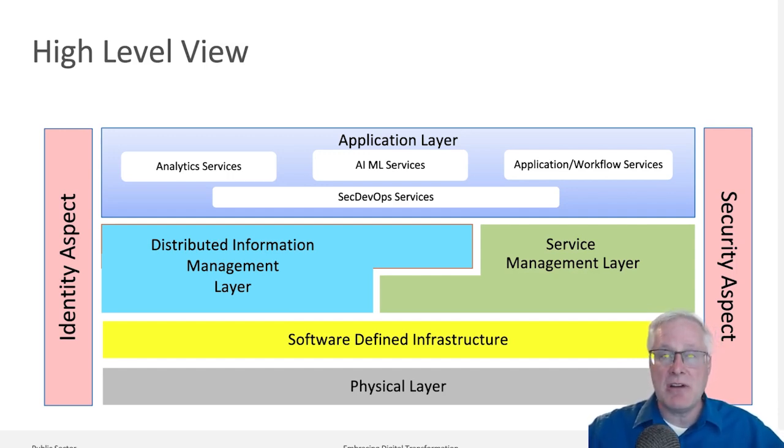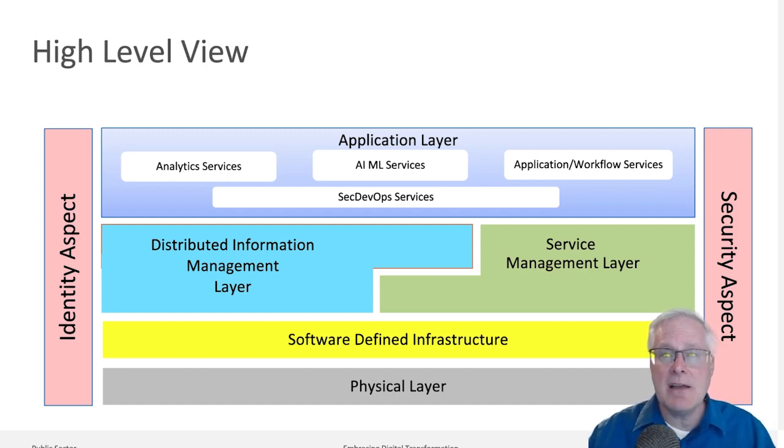On top of your software-defined infrastructure layer, I have my service management layer, which includes the container ecosystem and virtualization. I have a distributed information management layer, which includes your data plane, data lakes, everything that manages your data. And then on top of that, I have my application layer.